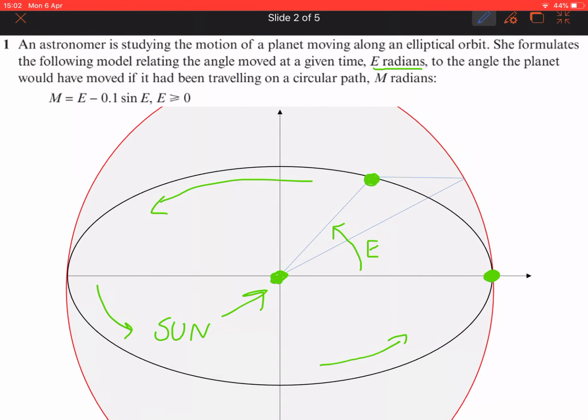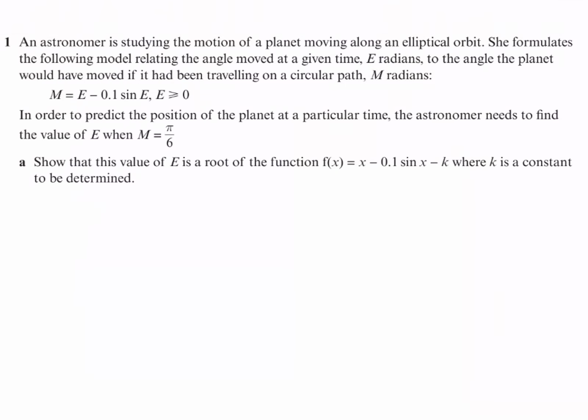Now we could also model that as travelling on a circular path, which is this outside red circle, travelling round to that point there, so the angle on the circular path would be M radians from where it started. And this formula just simply links these two results. So that's what this model is doing.